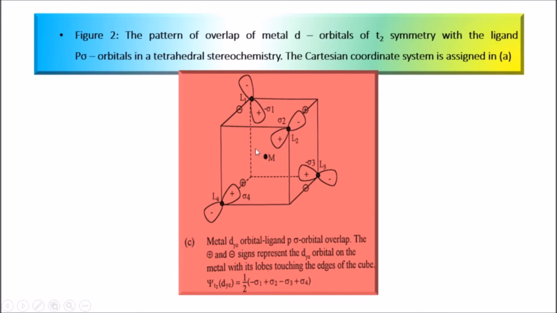So here the yz arrangement is there for the central metal ion, and in yz ligand 1 has negative interaction, ligand 3 has negative interaction, and 2 and 4 have positive interaction. So this is the pattern of the overlap of the d metal orbitals of T symmetry, and picture 1, which we saw earlier, has the Cartesian coordinate system, and the same system can be applied for B as well.